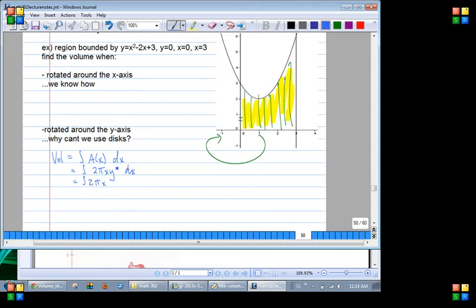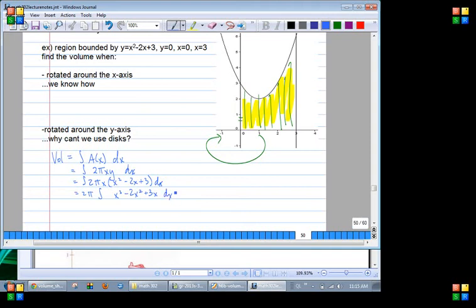And what's y? The formula: x squared minus 2x plus 3 dx. And finally, we have an easy integral. You need to distribute and all that, but this will give you something that you can do very easily. So I'm going to pull the 2 pi out in front as a constant, and you distribute, you get x cubed minus 2x squared plus 3x dx.